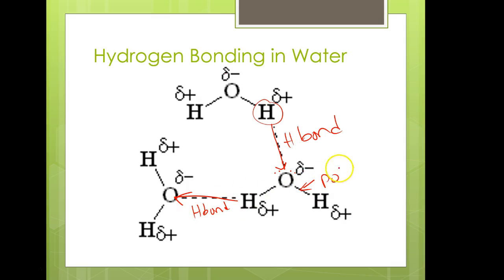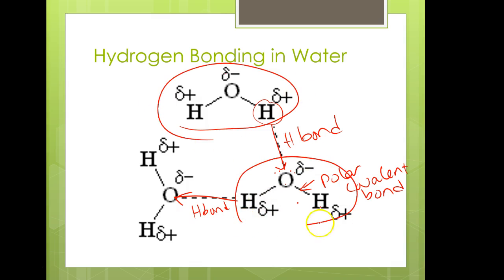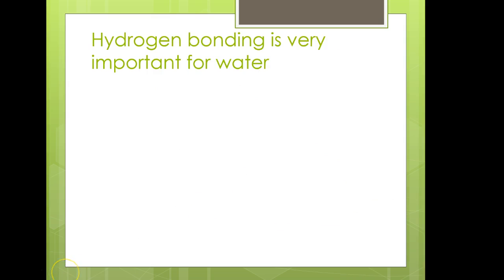This is a polar covalent bond between oxygen and hydrogen. This is not a hydrogen bond, and that's what everybody thinks. It is a polar covalent bond based on the electronegativity differences of H and O. A hydrogen bond is when one molecule is attracted to another molecule based on different charges.